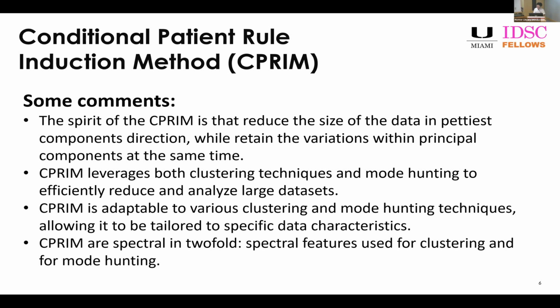You may also notice that C-PRIM is adaptable to various clustering and mode hunting algorithms. You can change to other techniques you like for the clustering module or for the mode hunting module.